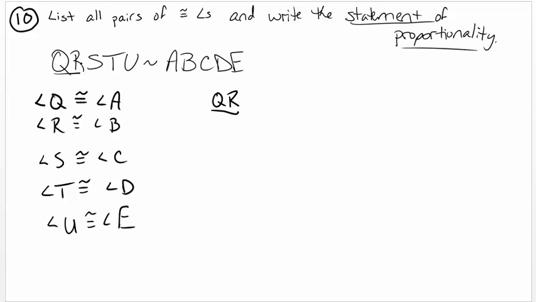So since QR is the first and second letter, AB is the first and second letter. If you were stuck on this, you could have drawn a pentagon and labeled it QRSTU. And you could have drawn another pentagon, same shape, different size, and labeled it in the same order, ABCDE, so that you could look and see QR and AB are the sides that are going to be in the same fraction.